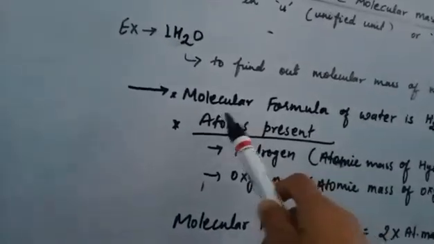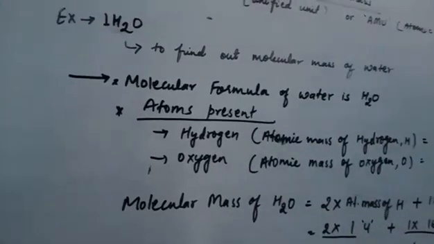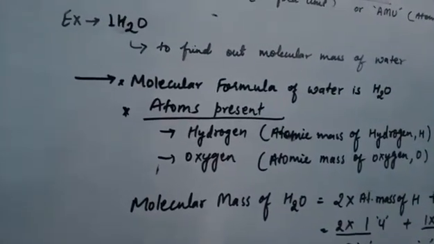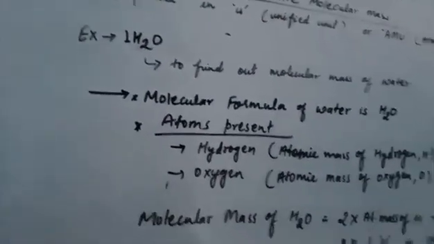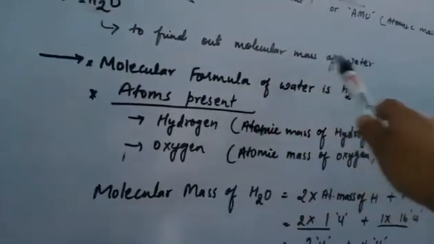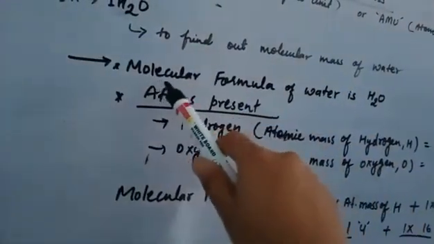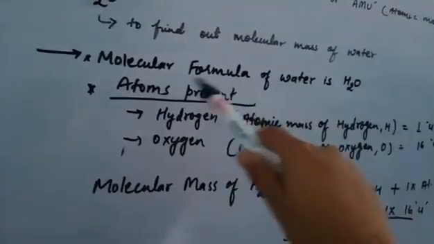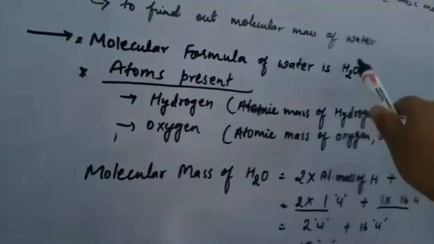First you should know the molecular formula of that substance. So if we have to find out the molecular mass of water, first we should know the molecular formula of water. You know the molecular formula of water is what? H2O.